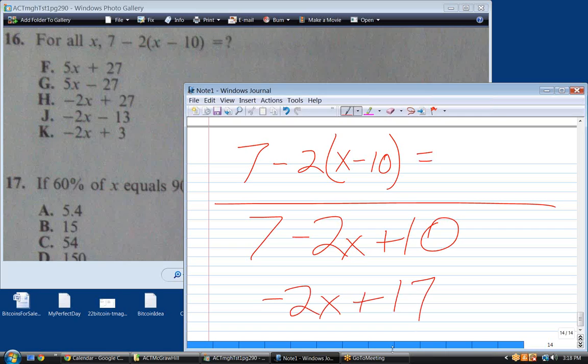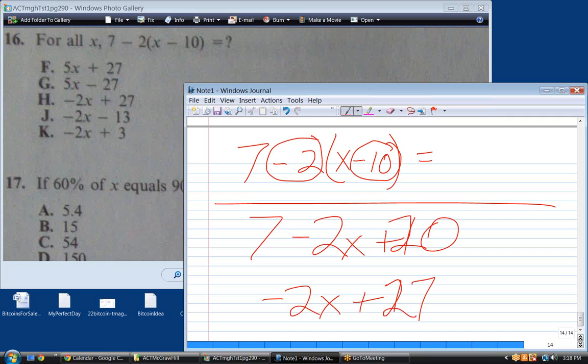Oh, 17, sorry. Ah, it wasn't plus 10 though. Minus 2 times minus 10 is what? 20. So it was really plus 20, which means it's plus 27.